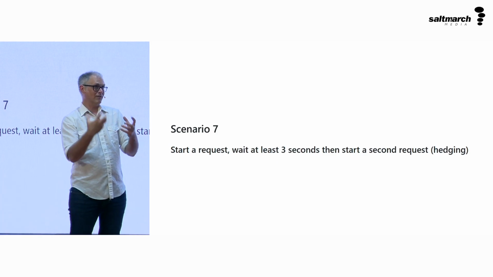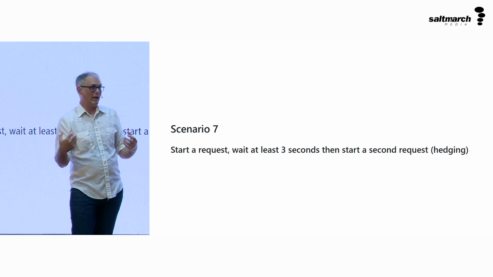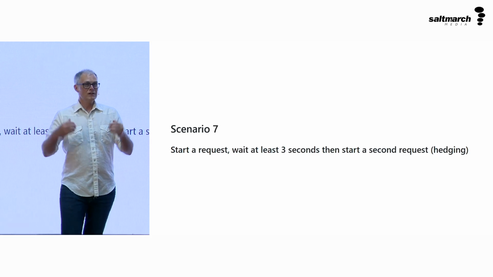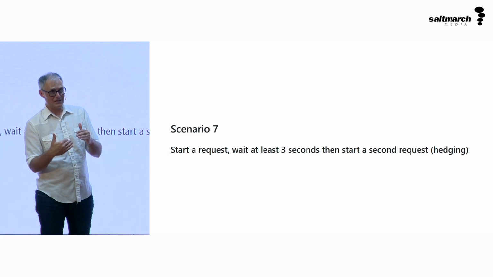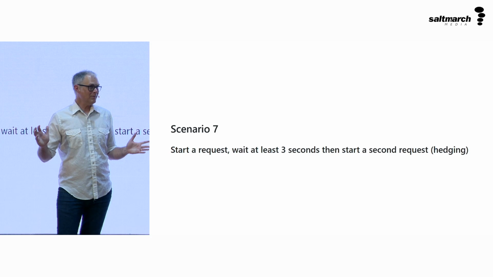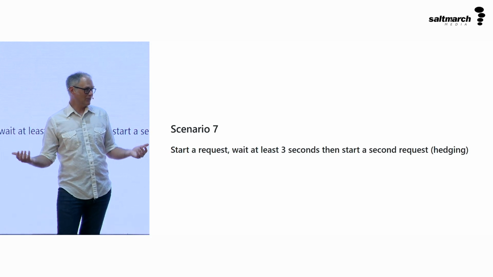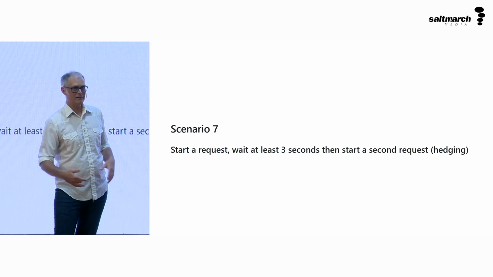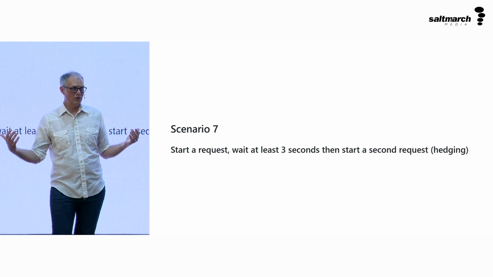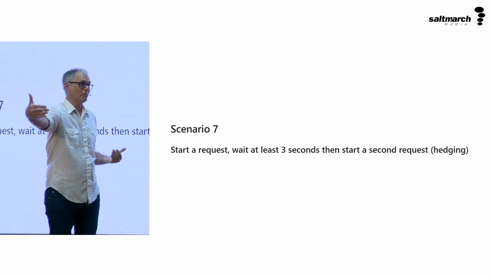And so they do this at the infrastructure layer where this is all done automatically for a lot of services. So they wait that typical latency. And if they don't get a response in the typical latency, they're like, hey, maybe the server is dead. Maybe something went wrong. Maybe we're in a GC pause. Who knows? Something is not working as we normally expect it to. And so then they make a second request.